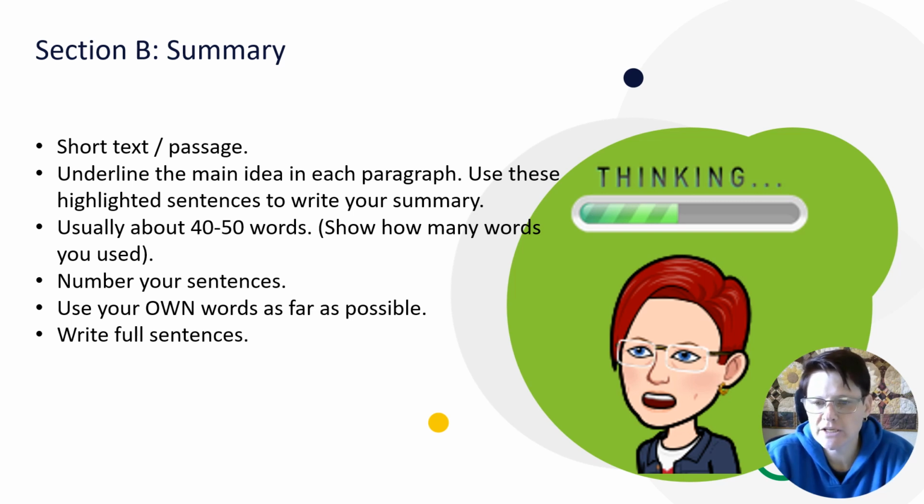Summaries is usually at your age still a little shorter. All right, as I said, the text or the passage that they will give you will probably be around about 100 to 150 words, no more than 200 words, which they want you to shorten. All right, you will probably get something like 40 to 50 words to summarize.